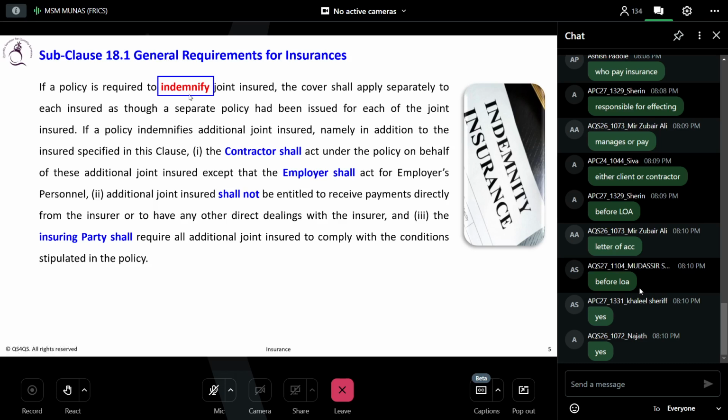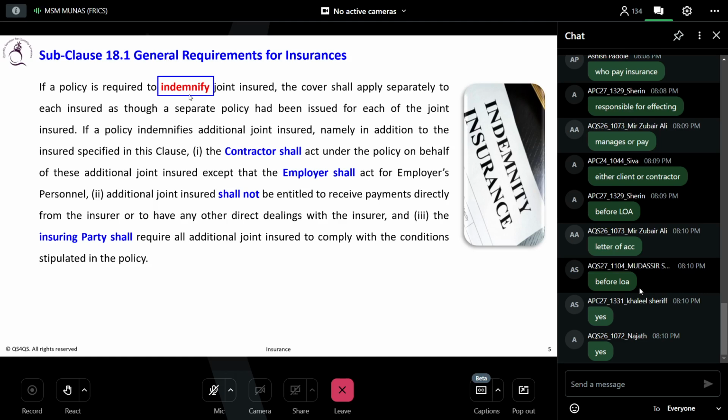The previous clause talks about the insurance taken by each party, but this one talks about joint insurance. Sometimes the project will go with joint insurance.